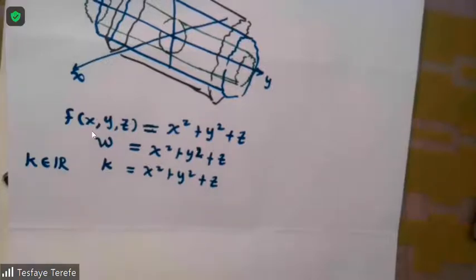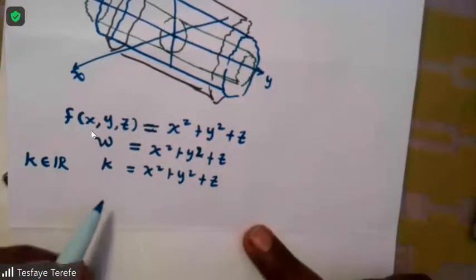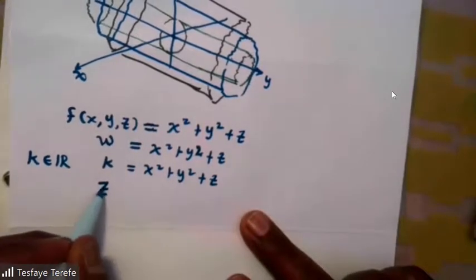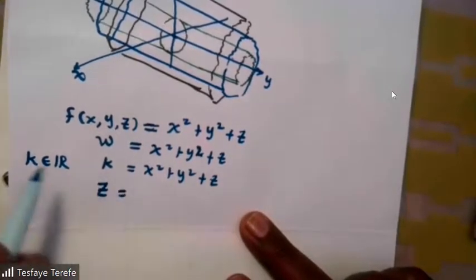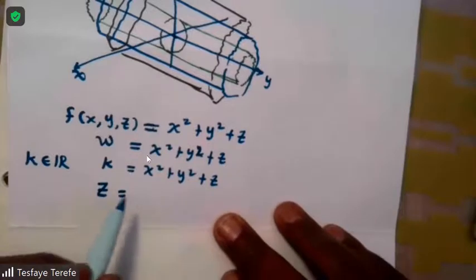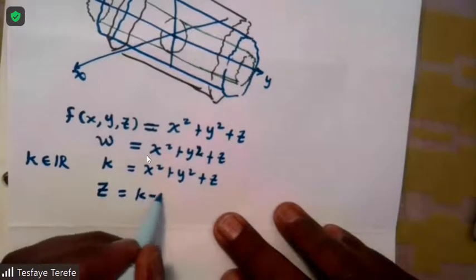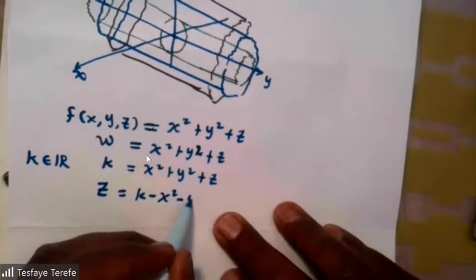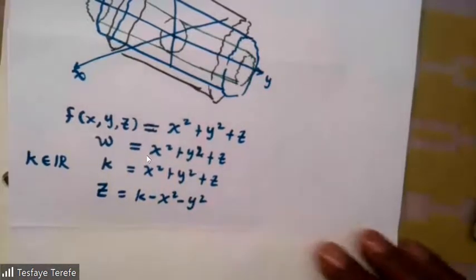So why don't we do it explicitly? Can I write z as a function of two variables, x and y? That means from K, I'm going to subtract x squared minus y squared. Is that acceptable, guys?